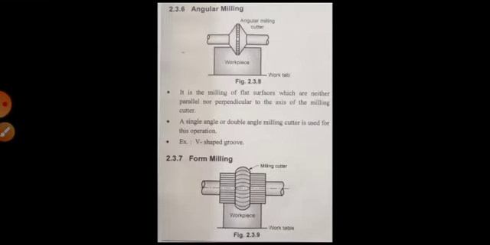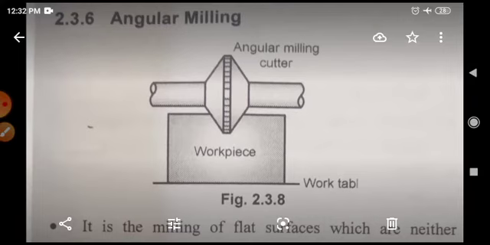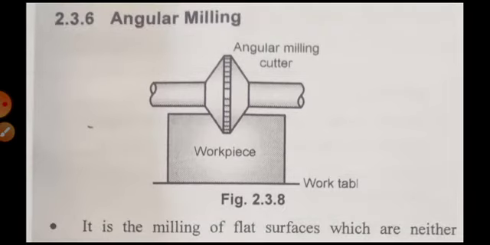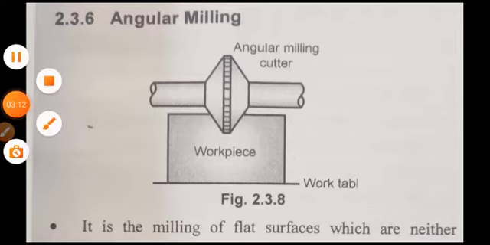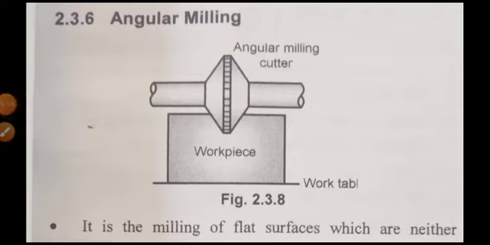Now the sixth one is angular milling. We have seen the angular cutters, some of 60 degree or 90 degree, or in between them. These cutters are used to make specific grooves on your workpiece.